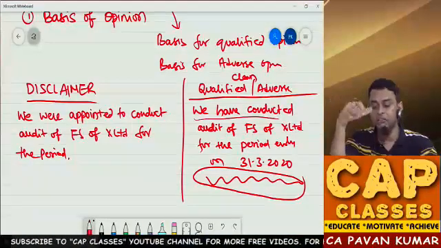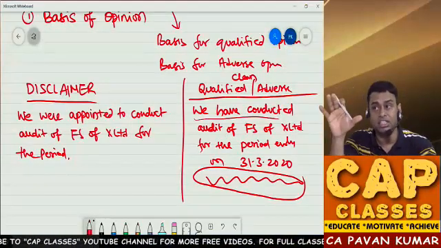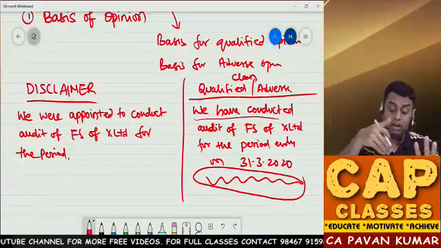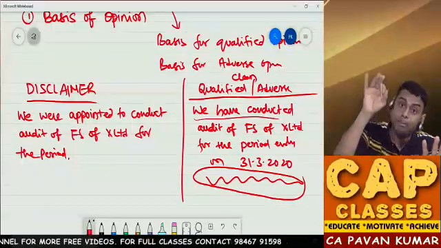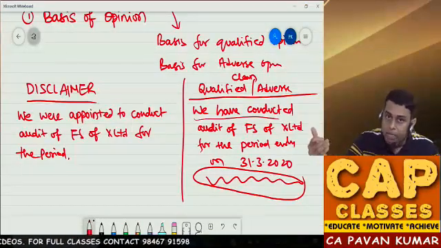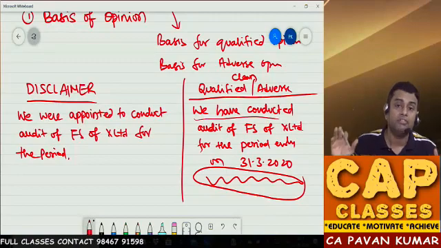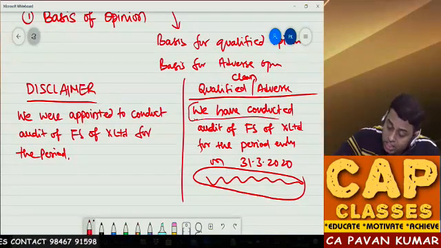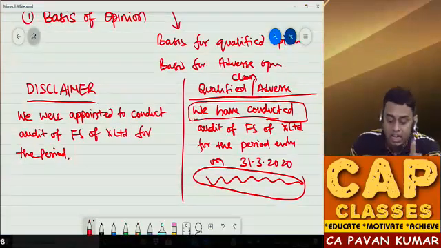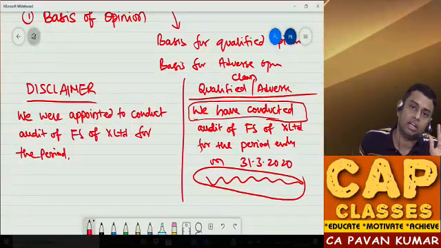First one you are saying we have conducted audit of financial statements. For 1, 2, 3 you are saying we have conducted audit of. But for 4 you are saying we were appointed to conduct audit of financial statements but we are unable to. So using this phrase, we have conducted audit of, is prohibited when you are giving disclaimer of opinion.